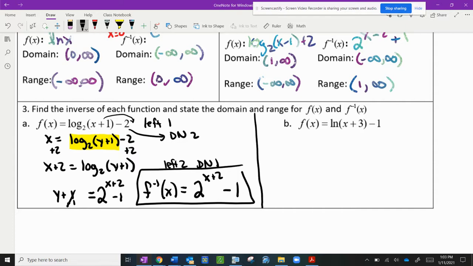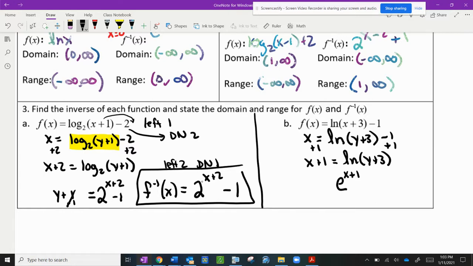Okay. And then my next one, again, I'm going to switch my x and y's, just dealing with the natural log. I'm going to isolate that log by itself. And now I'm ready to find the exponential. This is base e raised to the output comes the input.